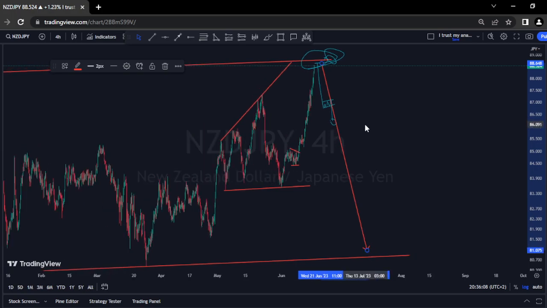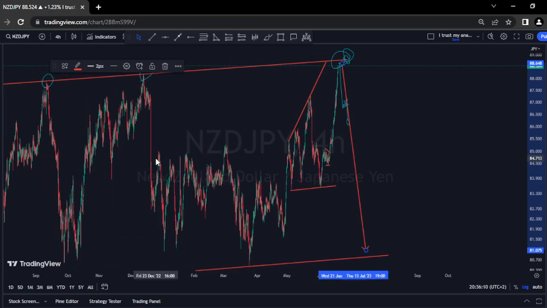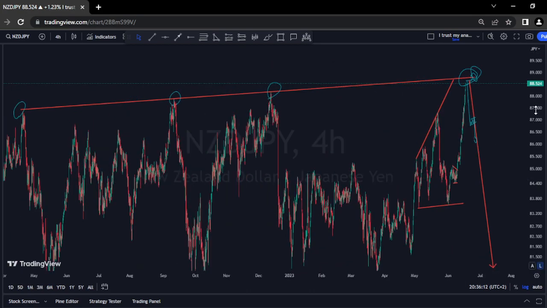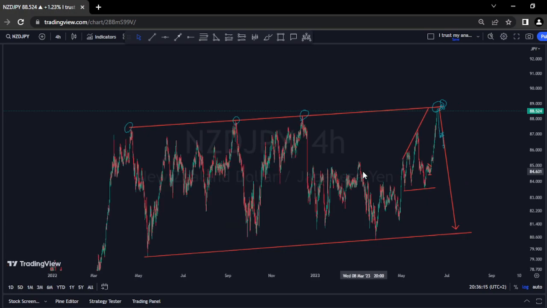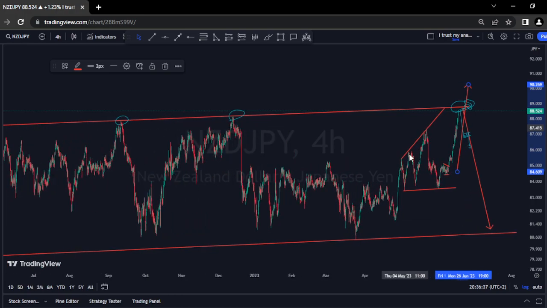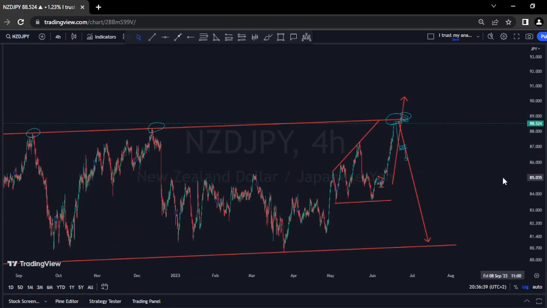But if price invalidates this pattern, because that does happen, ladies and gentlemen, and just aggressively breaks out, because as you can see, this push up has been very aggressive, then I'm just gonna look for those continuation patterns again.